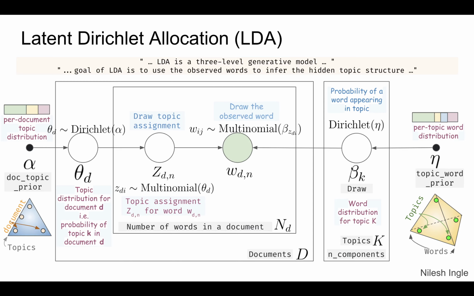And from the beta we are drawing the words, and then here we have WD, where we draw the observed word from what we get here.